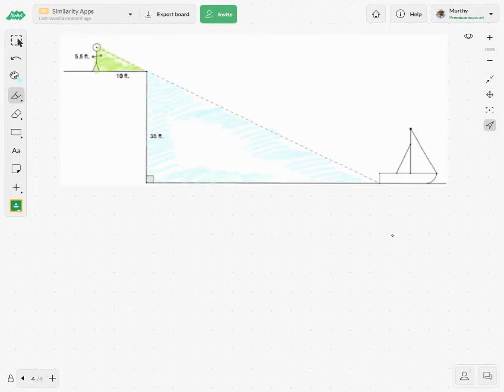Suppose the triangles are not labeled, then you can name them like A, B, C, P, Q, R, whatever letters you want. I'm taking here A, B, C, D, E. I see the two right triangles.